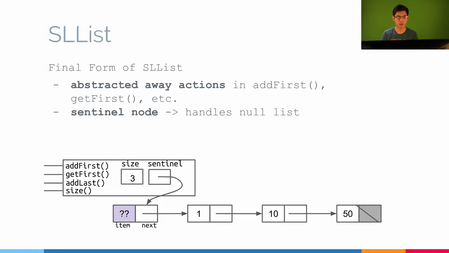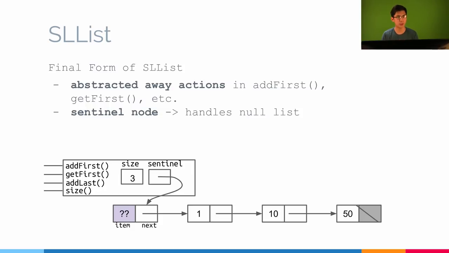In terms of the sentinel node, you see that we've also added a sentinel node here. The sentinel node is very unique in the sense that we have it to avoid the null case, because in the case of a linked list, if the linked list is null, calling something like L.rest or L.next will cause Java to throw an error. So in order to not think about that case, we just always have a sentinel.